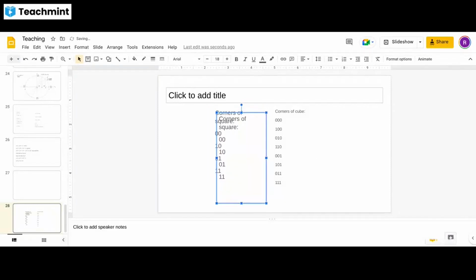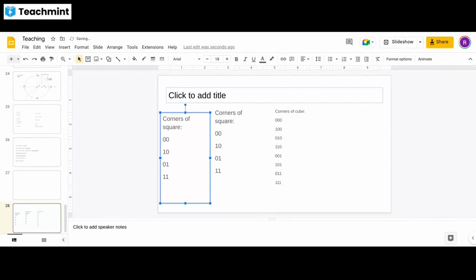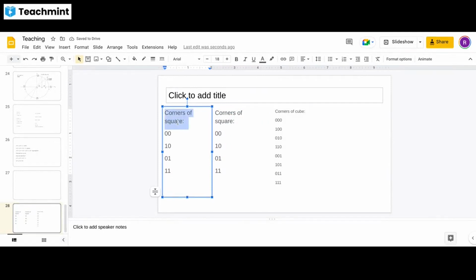Okay, so if I just draw corners of a 1D, one-dimensional square. Okay, so it won't be called a square, but it's called a 1 square, I think.